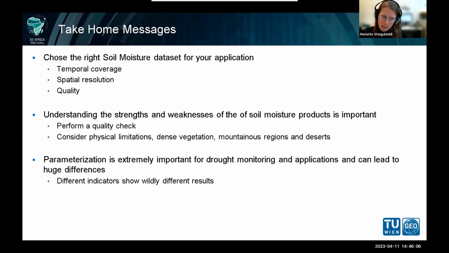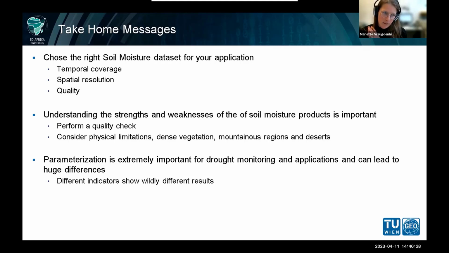This is true for all data sets that are out there, also for precipitation, for NDVI, for anything. Always check where the data works and where it doesn't. This is usually described in the user manual. But for satellite soil moisture, you need to consider dense vegetation, mountainous regions, and deserts where it doesn't work.